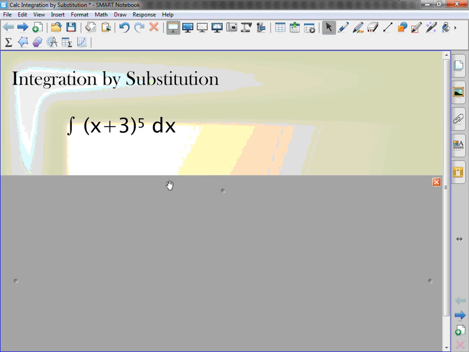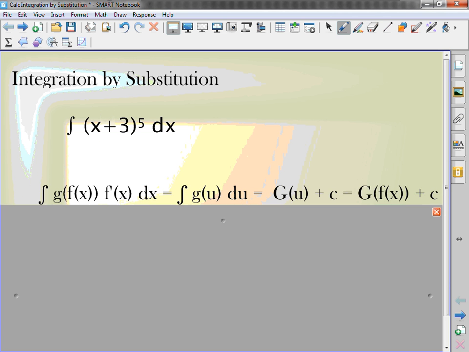But if I have the integral of (x plus 3) to the 5th power, dx, and I want to take the integral, we have the chain rule because we have the inside and we have the power. We use this.